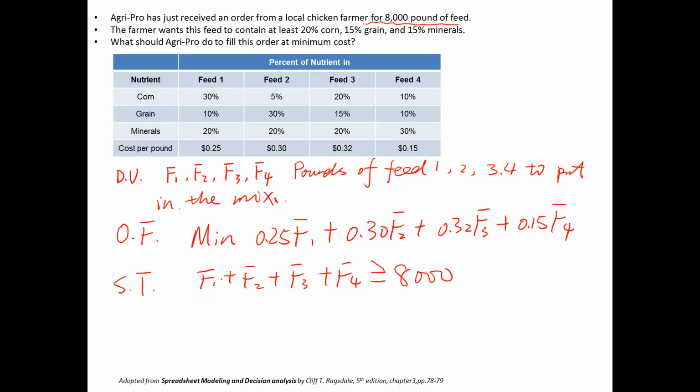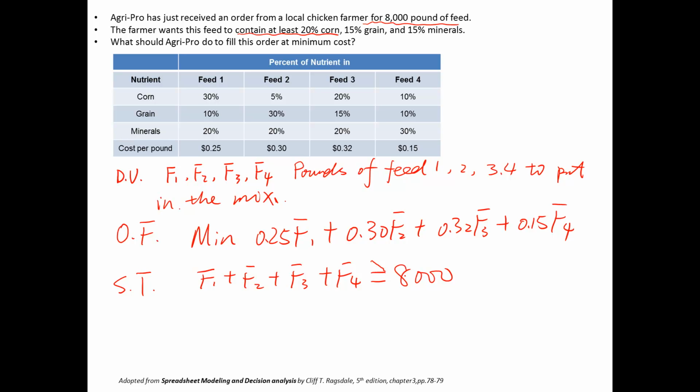And then we'll look at here. We want this feed to contain at least 20% of corn. That means if you get F1 pounds of feed 1, that will give you 30% times F1 pounds of corn, plus all the corn that you get from the other 3 feeds. So all the corn you get from these 4 feeds should be at least 20% of this 8,000 pounds.